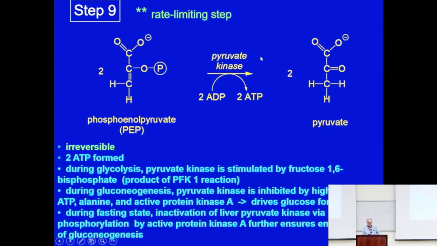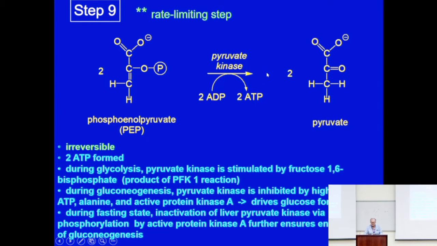Okay? So the enzyme is called Pyruvate Kinase. Remember, we've talked about the term kinase. Usually the term kinase indicates you either use ATP or produce ATP. In this case, we are producing ATP and producing pyruvate, the final 3-carbon keto acid produced from glycolysis, aerobic glycolysis.